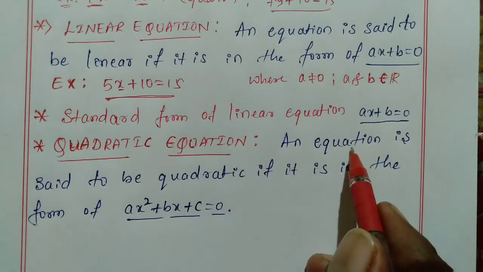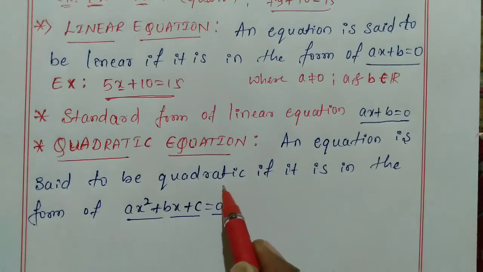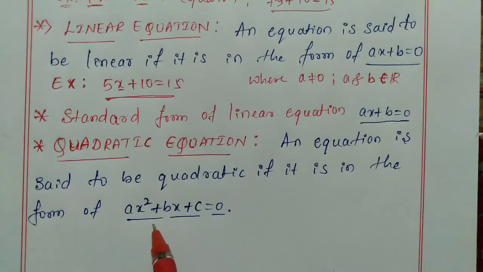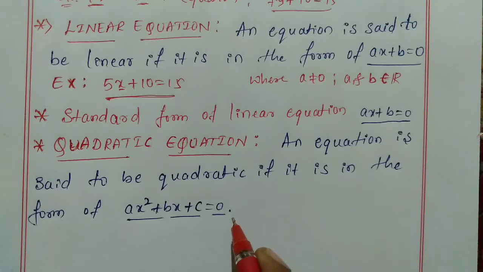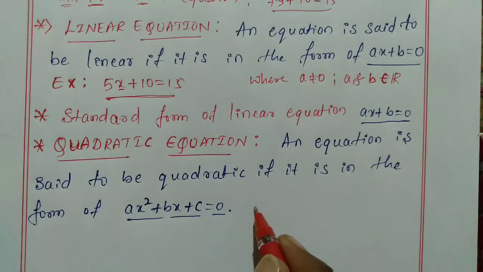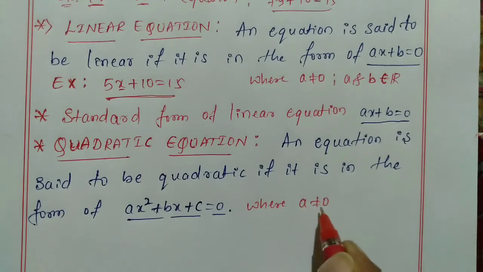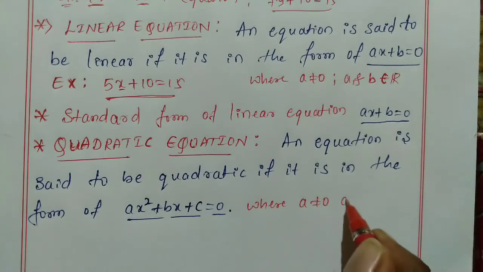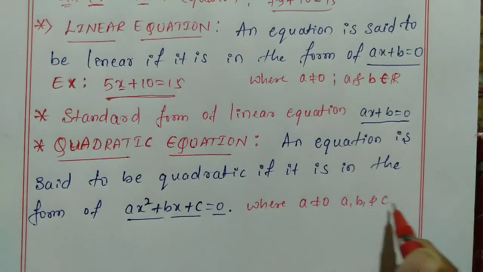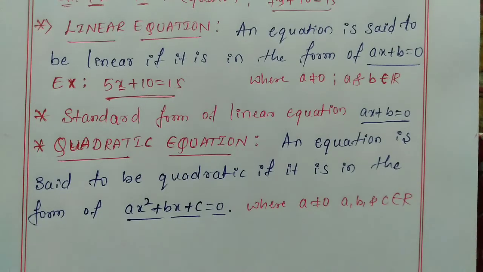An equation is said to be quadratic if it is in the form ax square plus bx plus c equal to 0. One condition is that a is not equal to 0, and a, b and c belong to real numbers.